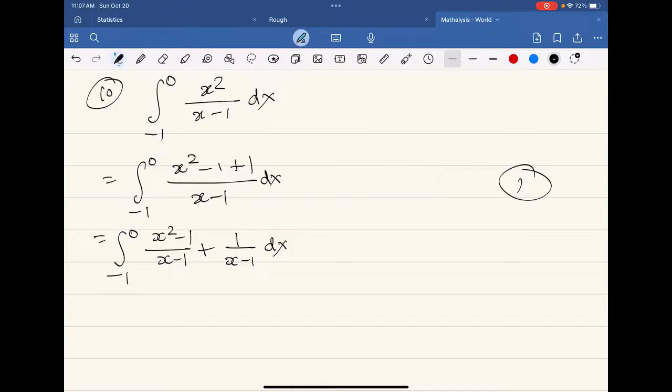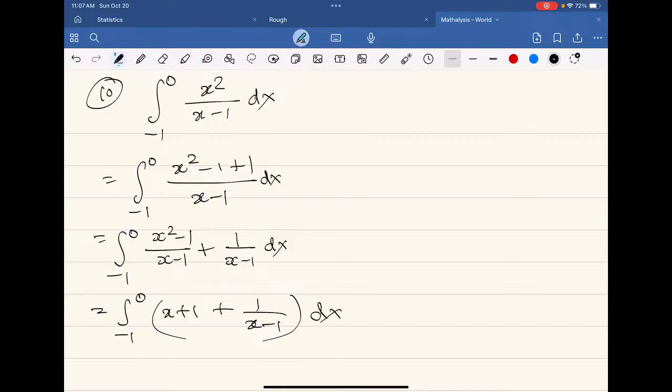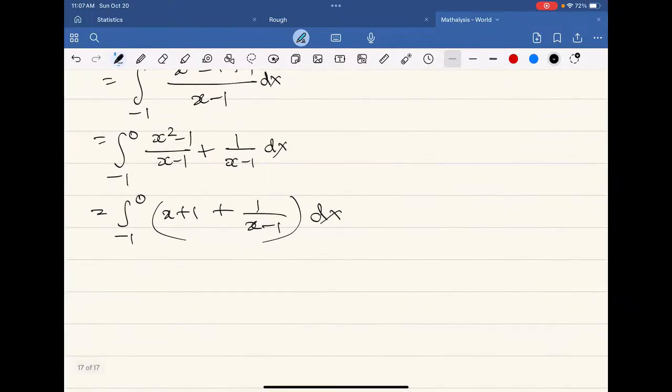But I don't think a point discontinuity would have mattered anyway. But that's not our concern. Let's solve this one. Now this is integral from minus 1 to 0 of x plus 1 by x minus 1 dx, since this function is continuous on the given domain.